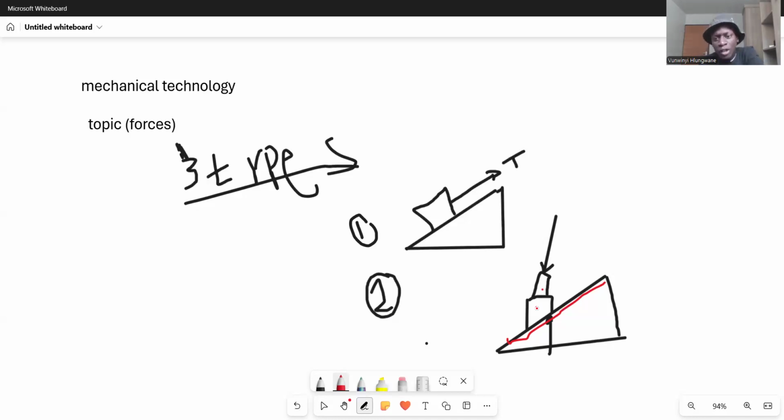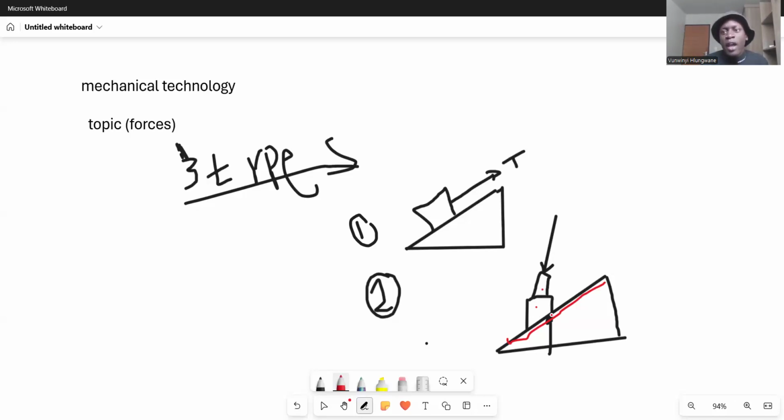Therefore, even the surface itself releases a force, but in a different direction. It's like Newton's law.